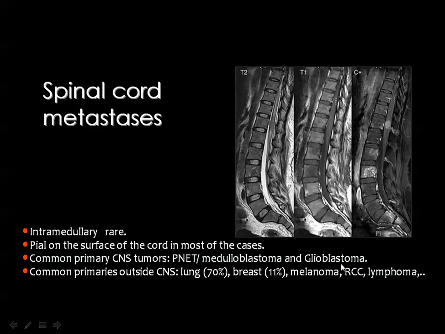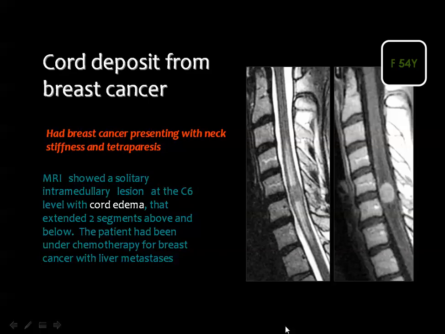On the contrary to the metastatic deposits in the vertebral column, I said that these lesions are well appreciated in the T1 weighted images without contrast injection. But in this case, if you have fat suppression, you may be able to detect the lesions, but they are already seen in the pre-contrast scans.